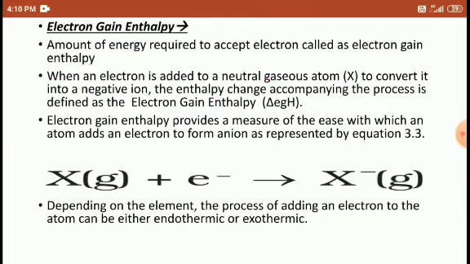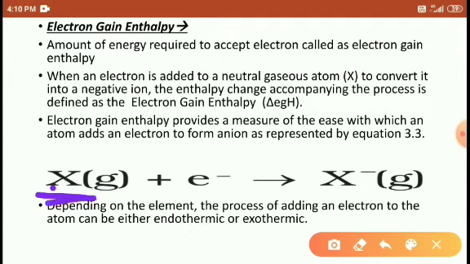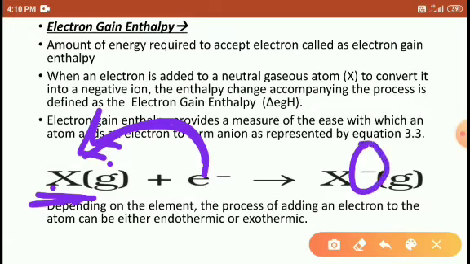One more definition here, students. A neutral atom has a fixed enthalpy, right? When one electron is added to this neutral atom, it converts into a negative charge species, right?